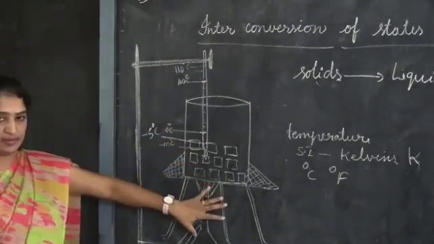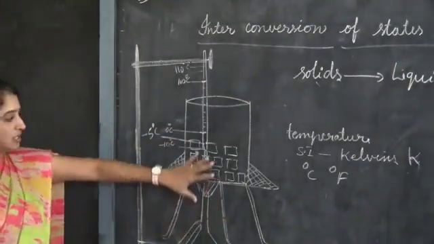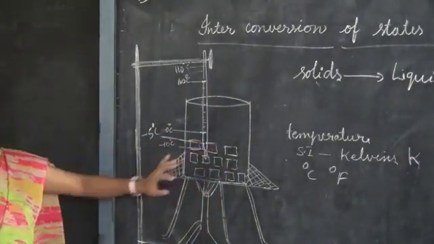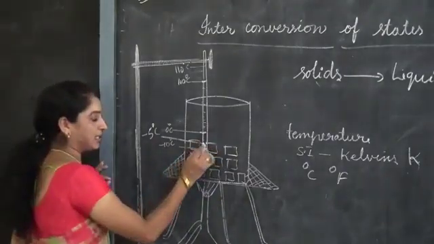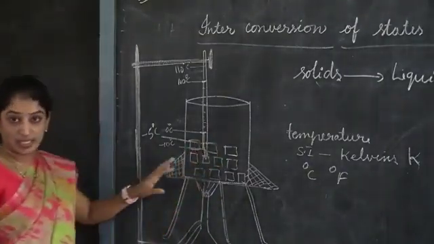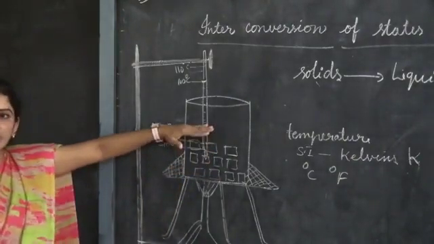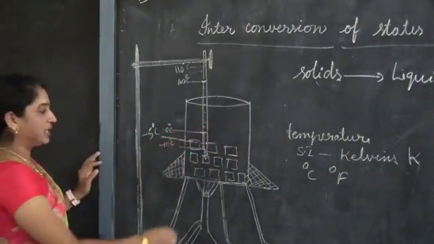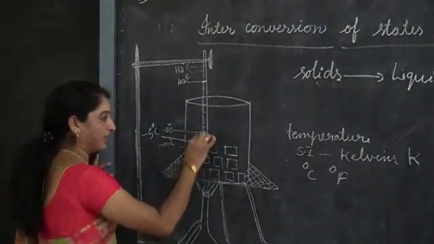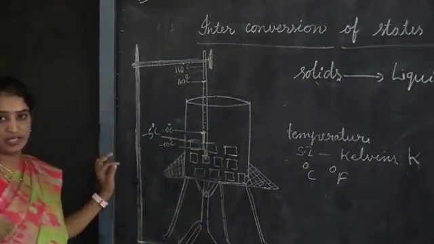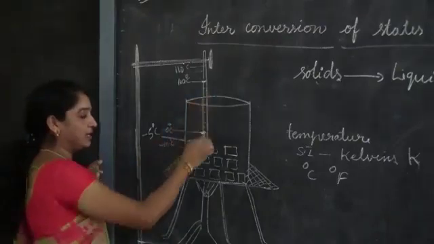Now start heating the beaker with the help of a burner. Now you notice that the temperature of the substance slowly increases. When it reaches 0 degrees, you see a red colored line.